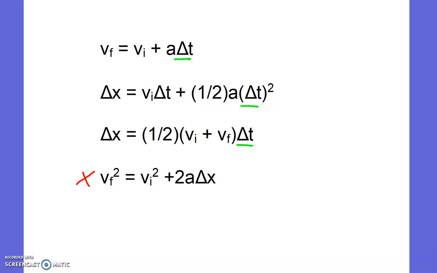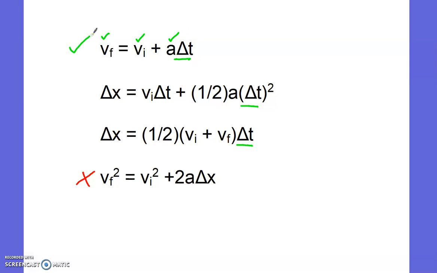Letter Vf, that's our final speed. That was 32, so we know that in this first equation. Then I go to the next letter, Vi. That was 25, so we also know that number in this equation. The last letter in this equation is A, which was 2.6, so we also know that letter, and therefore this is the equation we want to use, the first one.